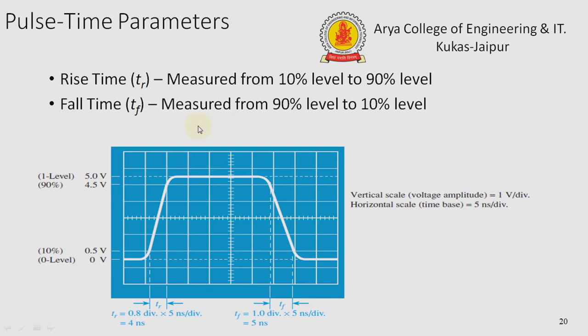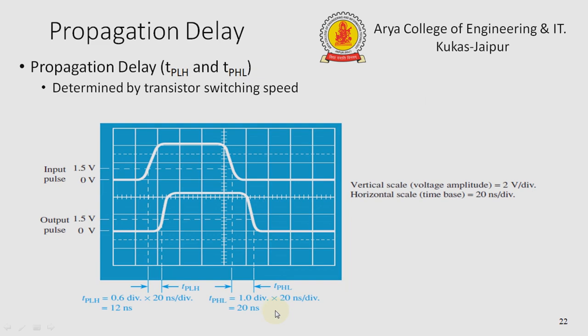Here are the pulse time parameters. Rise time TR is measured from 10% level to 90% level, and fall time TF is measured from 90% to 10% level, and it also gives the values of rise time and fall time.